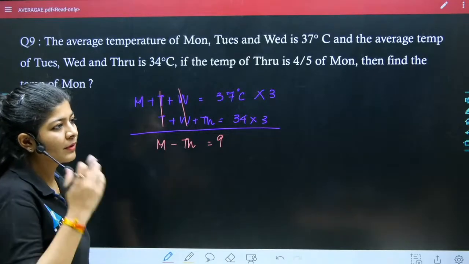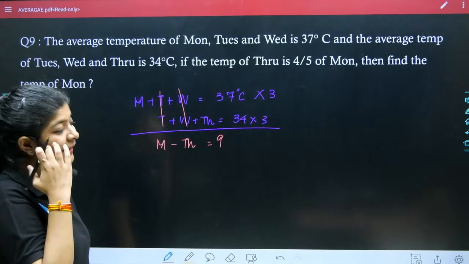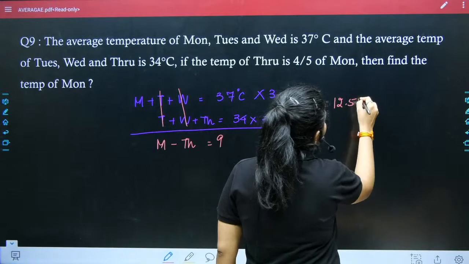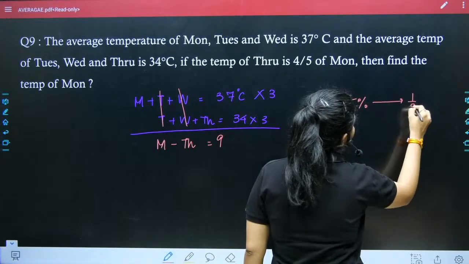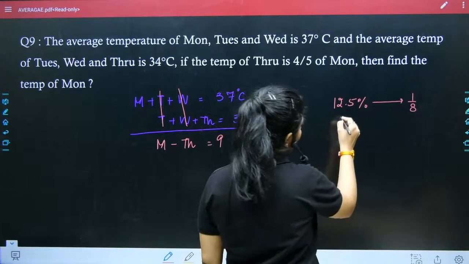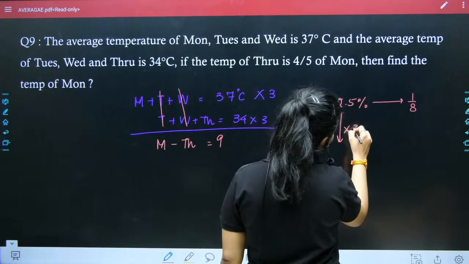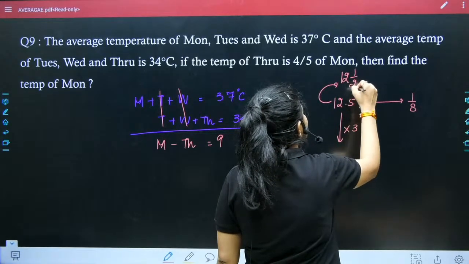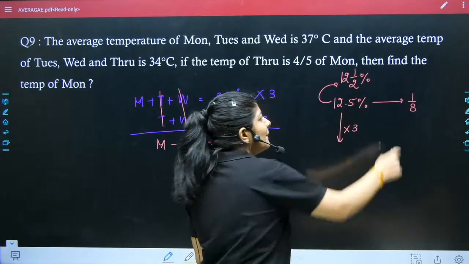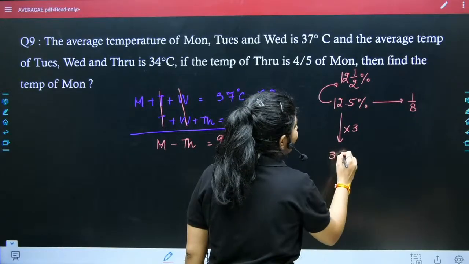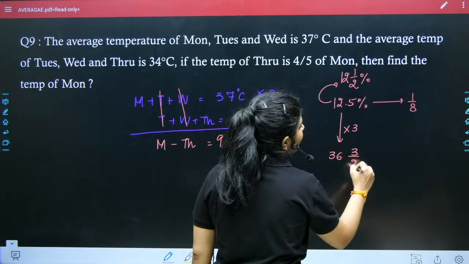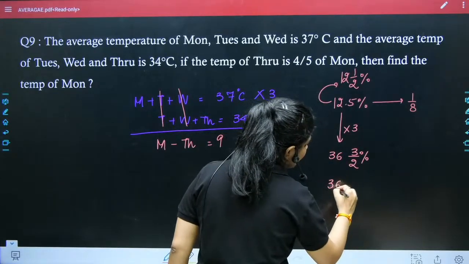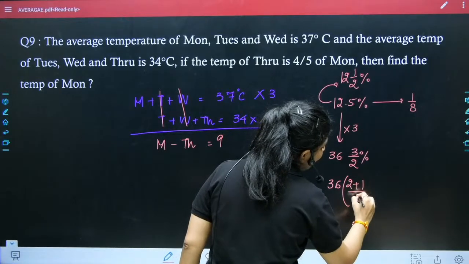Right? How will you take 3 by 8? Okay. I can write 12.5% as 1 by 8 in the fraction, right? Or I can write this term as 12 1 by 2%. If I multiply this term by 3, what will I get? I'll get 36 3 by 2%, and I can write this term as 36 plus 1 by 2%.